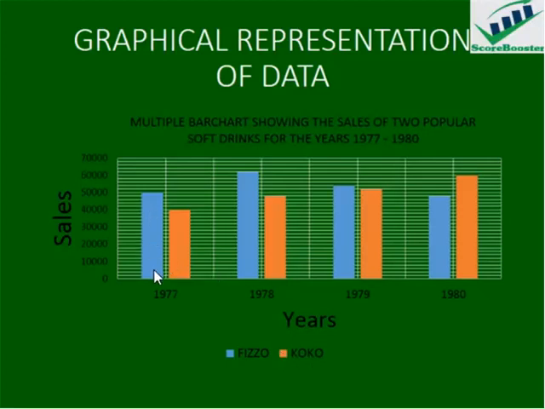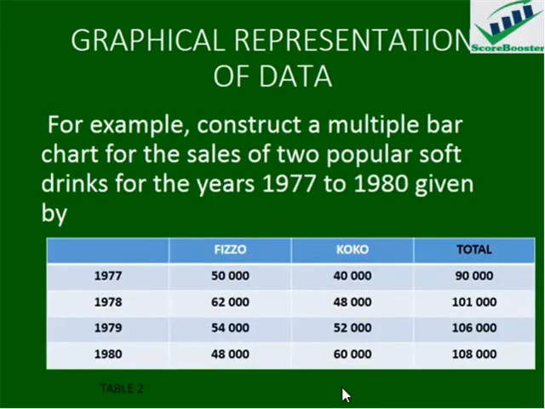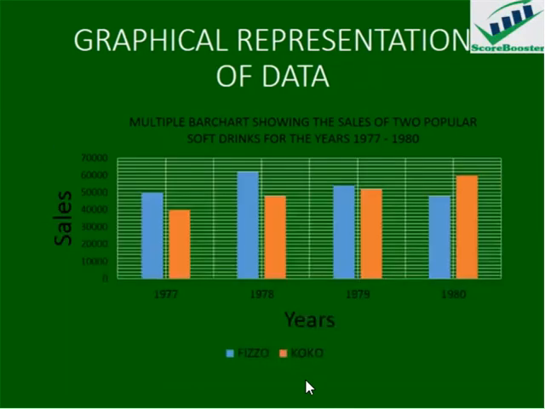So this is Fizzo bar and this is Cocoa bar for the year 1977. So in the year 1977, Fizzo is 50,000, which is here. You can see the line for 50,000 is here, and Cocoa is 40,000. So this is 40,000 here.